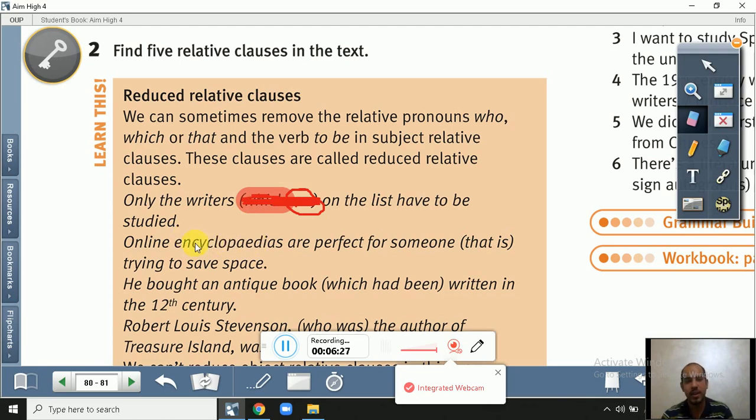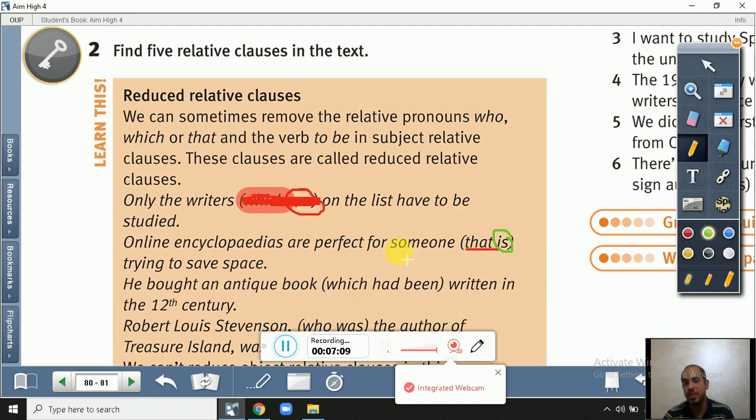The next one: Online encyclopedias are perfect for someone that is trying to save space. Where is the relative pronoun? That. Where is the verb to be? Is. Excellent. Does this clause relate to a subject or an object? Someone trying to save spaces.